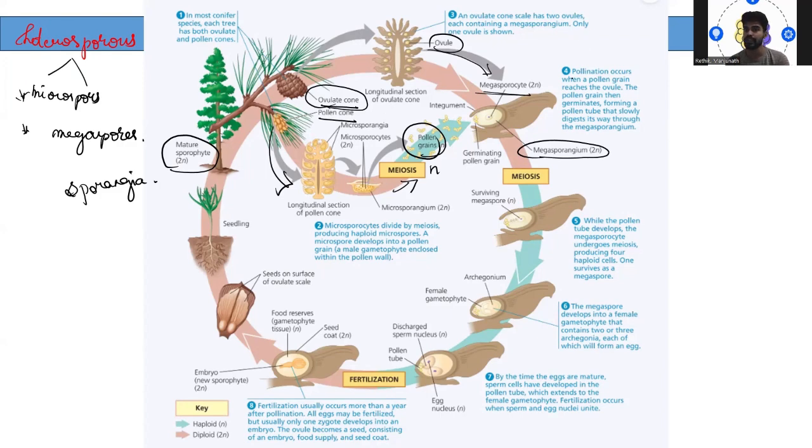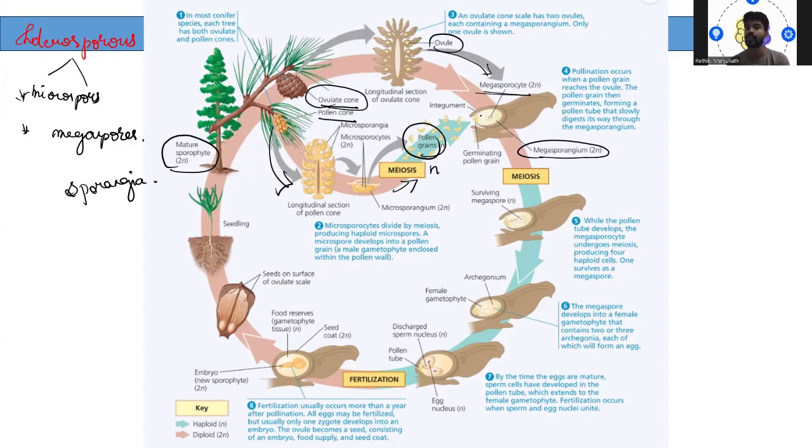Meiosis will take place here too, and as a result you will see the reduction. Pollination will only occur when the pollen grains reach the ovule.